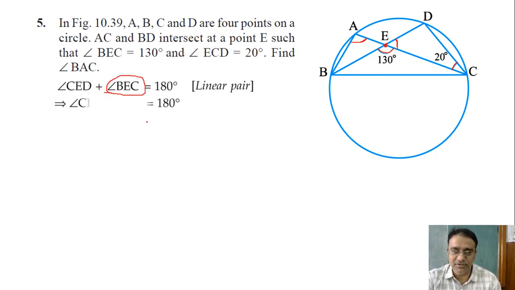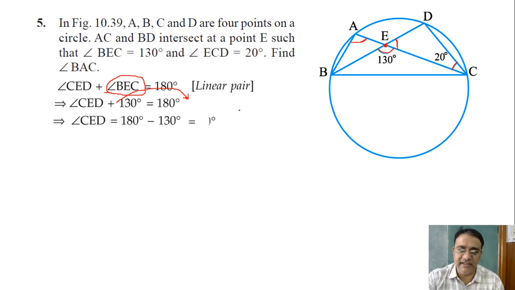So we'll substitute 130, then shift it here, 180 minus 130, and that will be equal to 50 degrees. Right. Now we got 50 degrees. Now I want the value of this angle. 110 degrees.